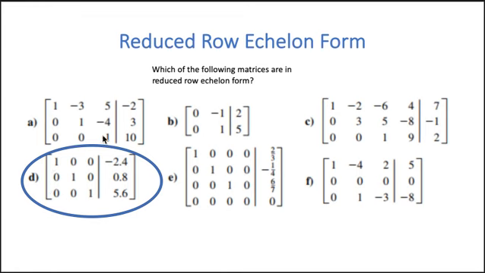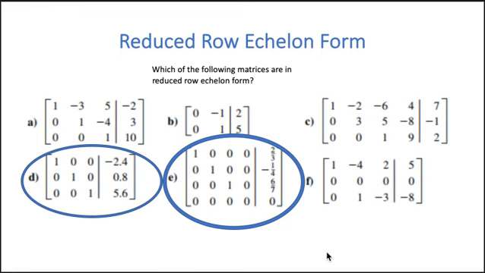So I have 1s on the diagonal here, but I don't have zeros everywhere. So this is not in reduced row echelon form. Also not in reduced row echelon form. I don't have 1s on the diagonal. Don't have 1s on the diagonal, not reduced row echelon form. So the only other one that's in reduced row echelon form is letter E.